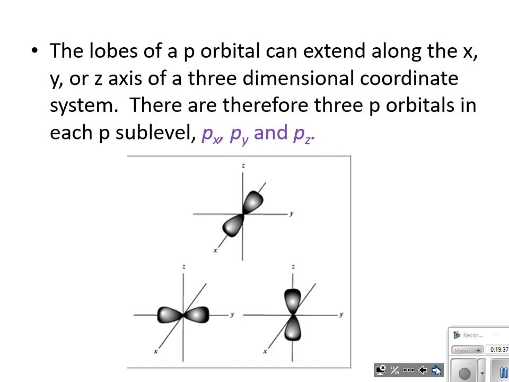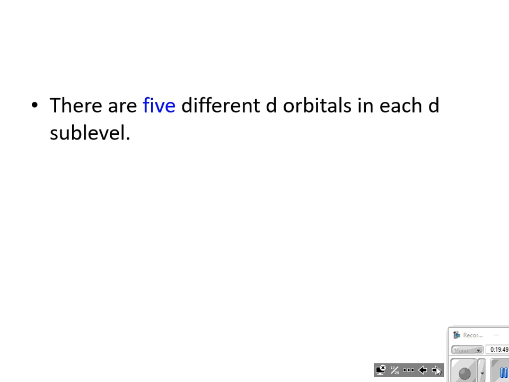So those are different orientations around the nucleus. There are 5 different d orbitals, so I told you. The d sublevel has 5 different orbitals, and I'm not real concerned, folks.